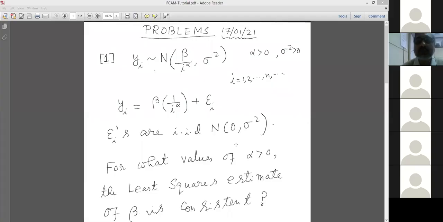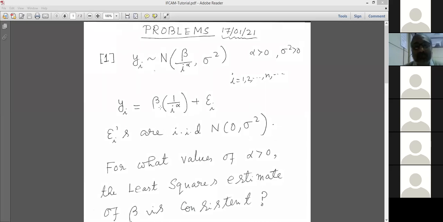Okay, so can you see my screen clearly? Yes, sir. This will probably take a few minutes, so let's try to understand what this problem is about. It's a very simple linear regression problem, and there is no intercept term.